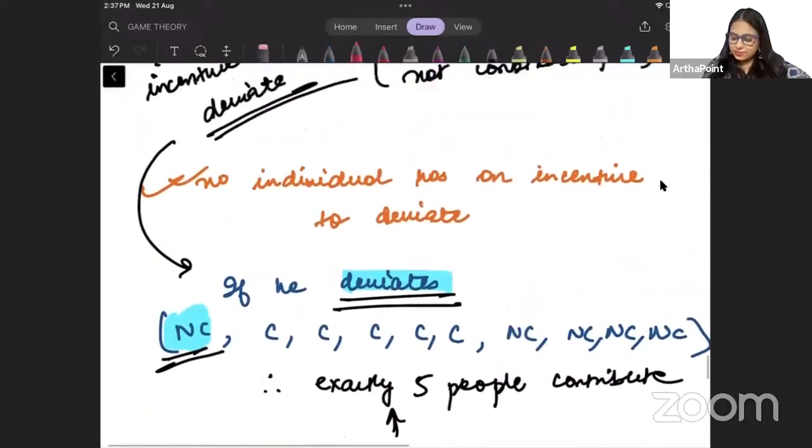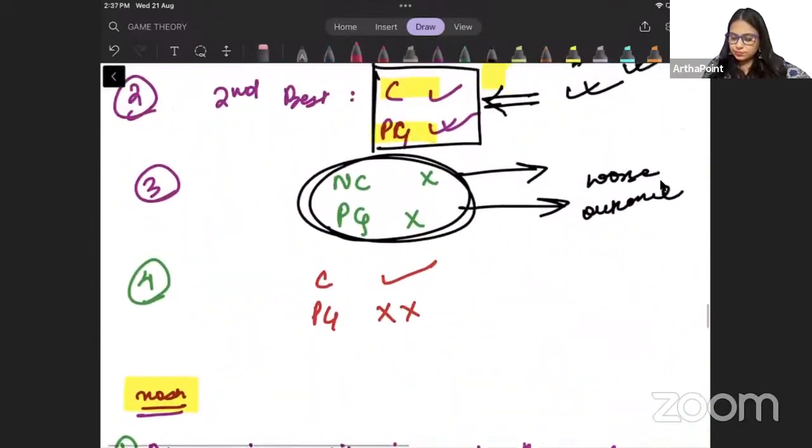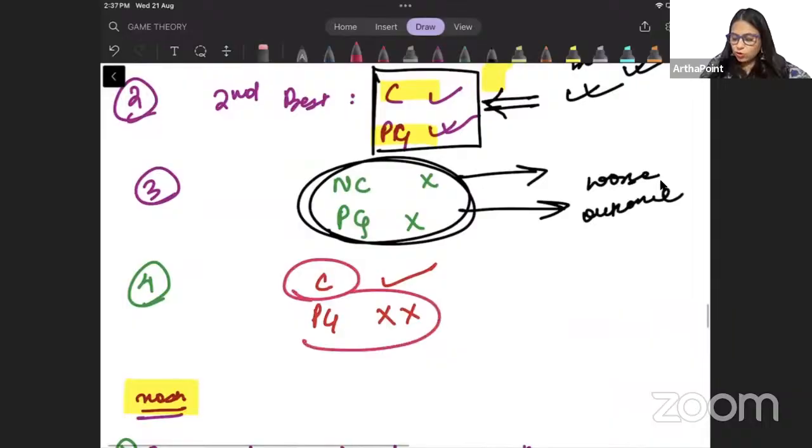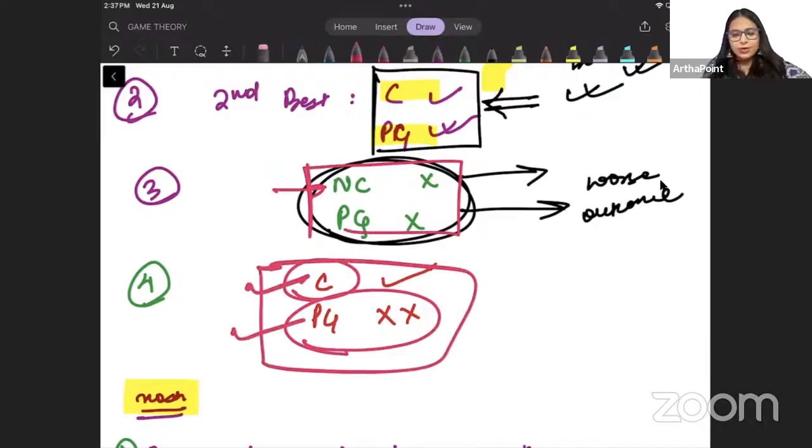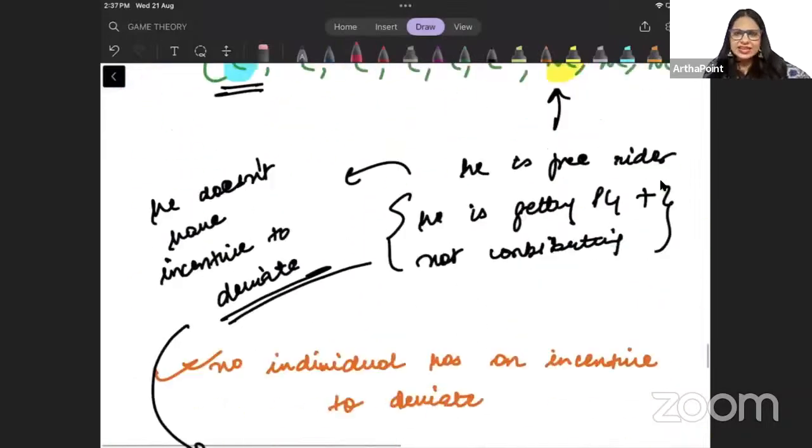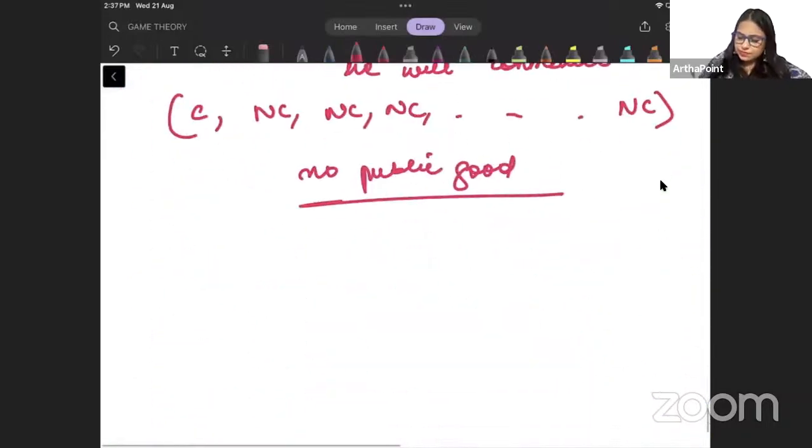So he will be here in the fourth outcome. He contributed and no public good. Isn't this worse than when he was not contributing and no public good? ये ज़्यादा better outcome था, better solution था. So it means that he has no incentive to deviate.